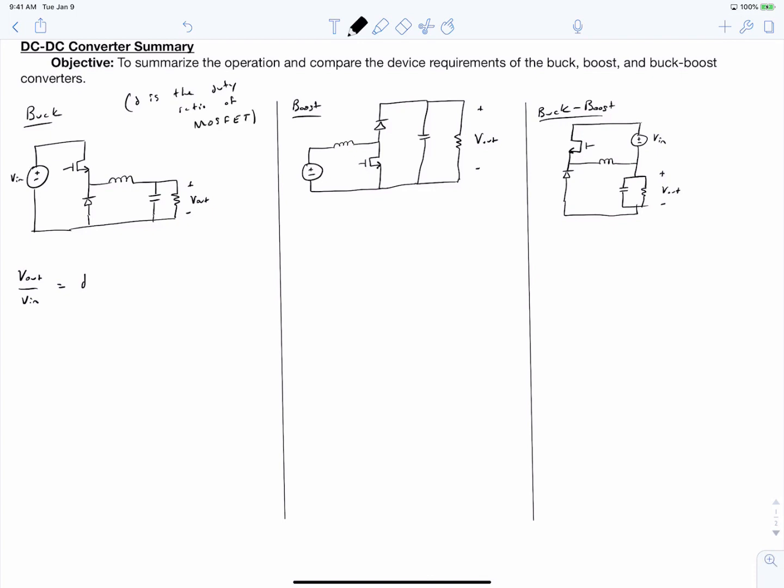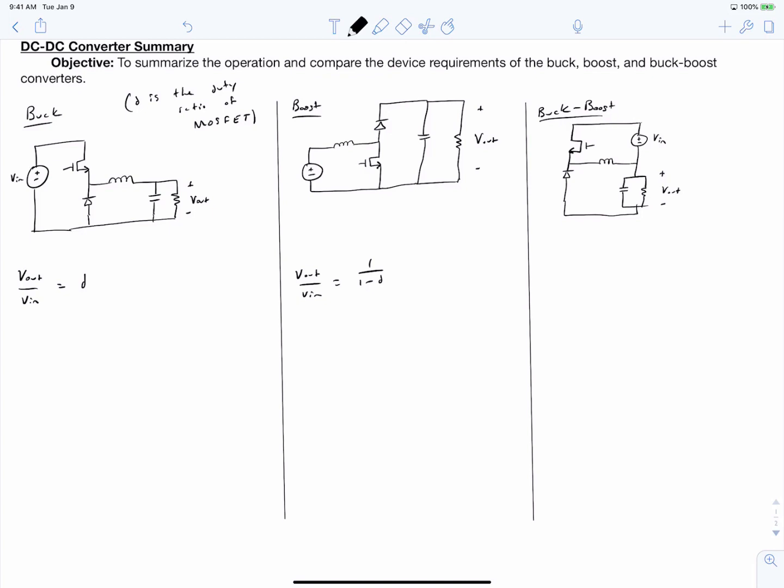And for the boost converter, V out over V in is equal to 1 over 1 minus D. So if you're trying to pick which converter to use, you simply have to decide based on what your output voltage requirement is. If it's less than your input voltage requirement, then you want the buck converter. If it's greater than the input voltage requirement, you want the boost converter.